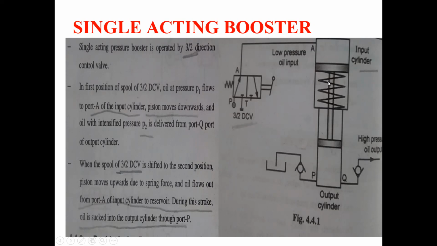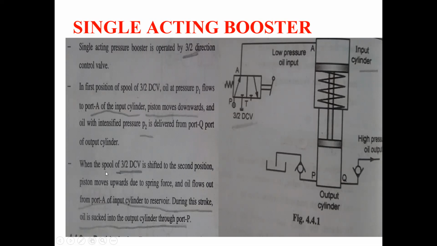The piston moves in the downward direction, and oil at pressure P2 is delivered from port Q of the output cylinder. When this piston moves downward, oil with pressure P2 is delivered from this port Q.